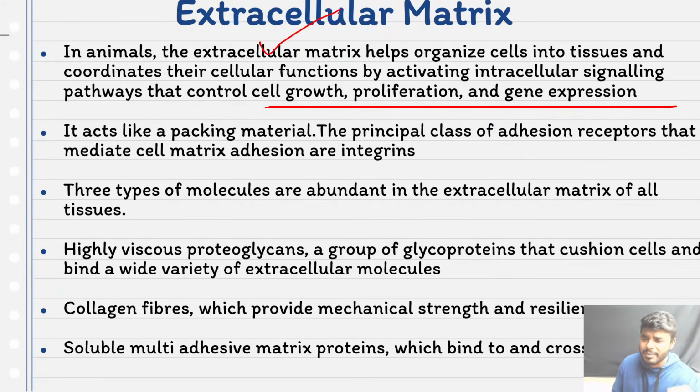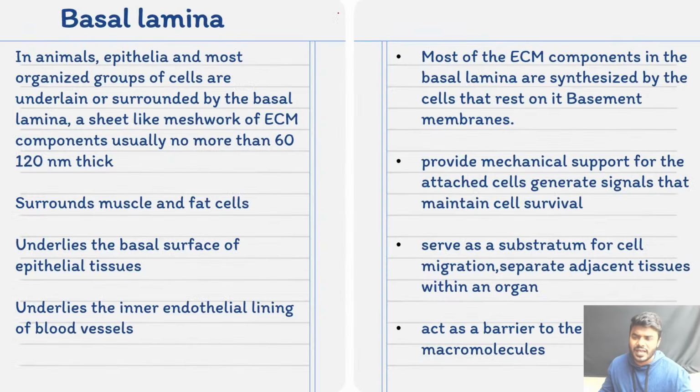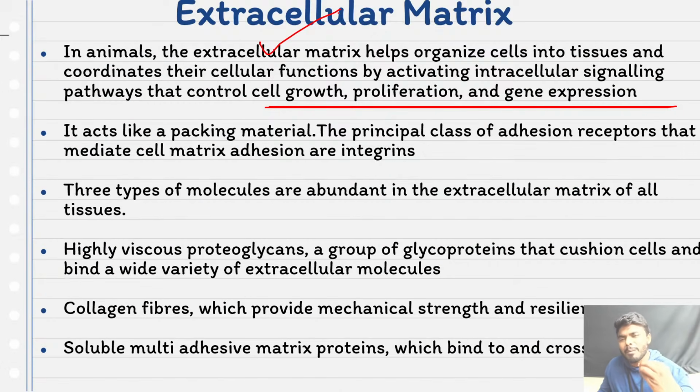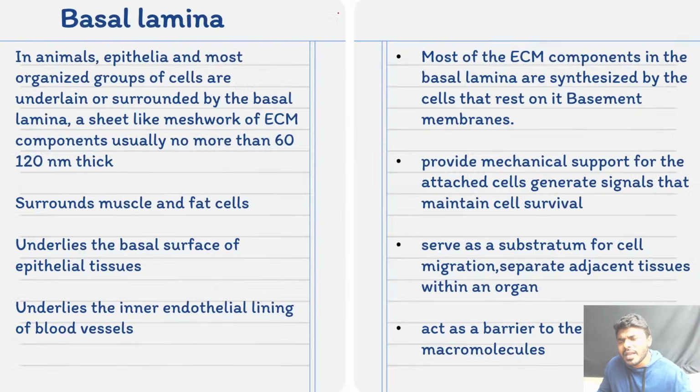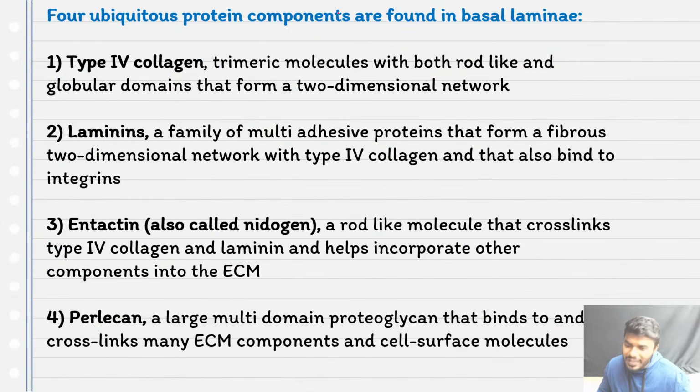Extracellular matrix is a packaging material or an organizing center. The point is here, what is this extracellular matrix made up of? That is the question. Friends, extracellular matrix is not made up of one or two proteins. It is made up of many proteins. But among all the proteins, I can tell you, friends, these four are the most important ECM proteins.